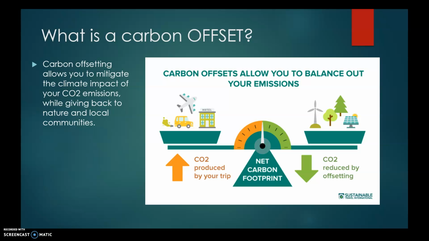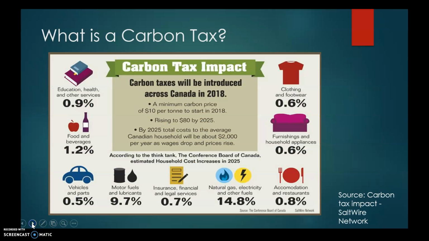The other thing I want to talk to you about is a carbon tax. And this has been proposed numerous times in the United States and in other countries. And a lot of times we don't even realize it, but we are being taxed on things that produce high carbon emission producing items.